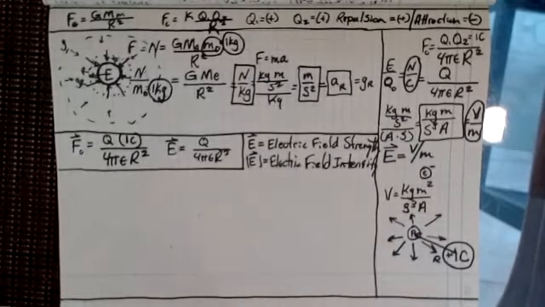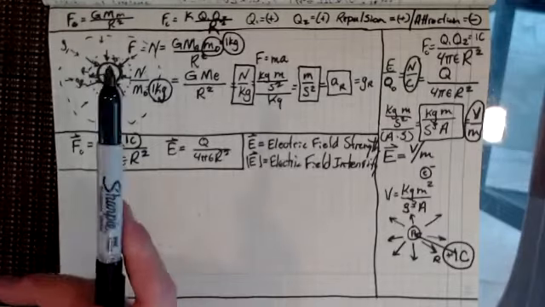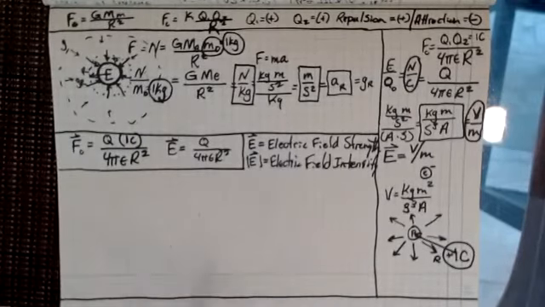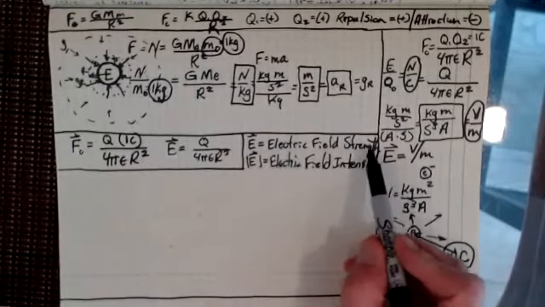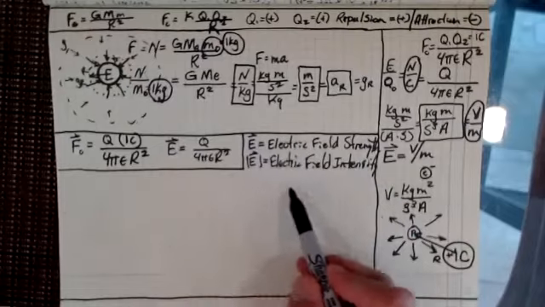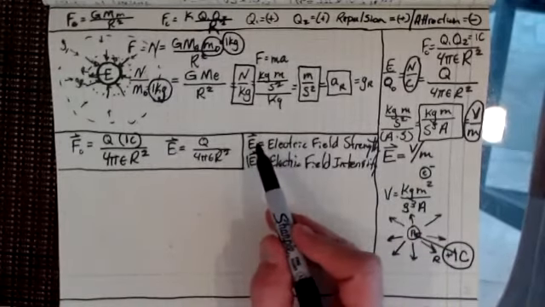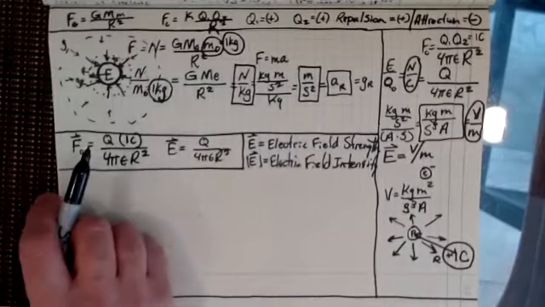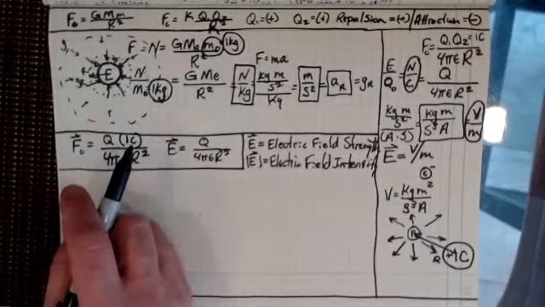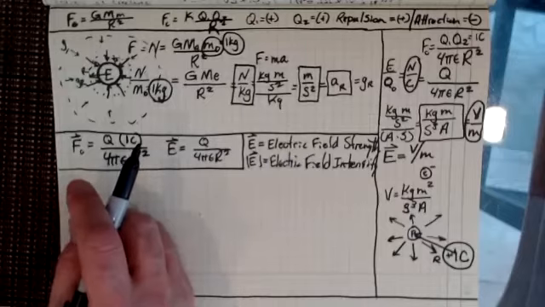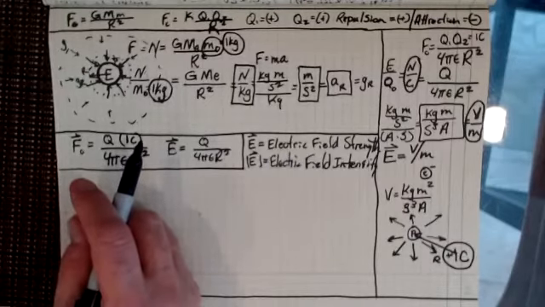Velocity is not only speed, but also speed and direction. If I'm saying I'm going to New York at 60 miles an hour, that is velocity. If I'm saying I'm going 60 miles an hour, that is speed. Same thing is true here. Electric field strength is the vector. Electric field intensity is the magnitude of the electric field, just the scalar value of the electric field strength. All right, we got that out of the way.